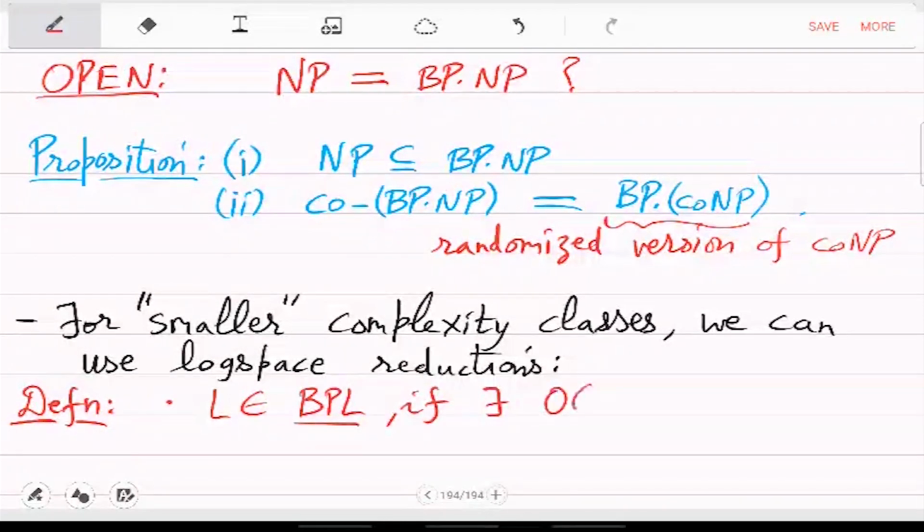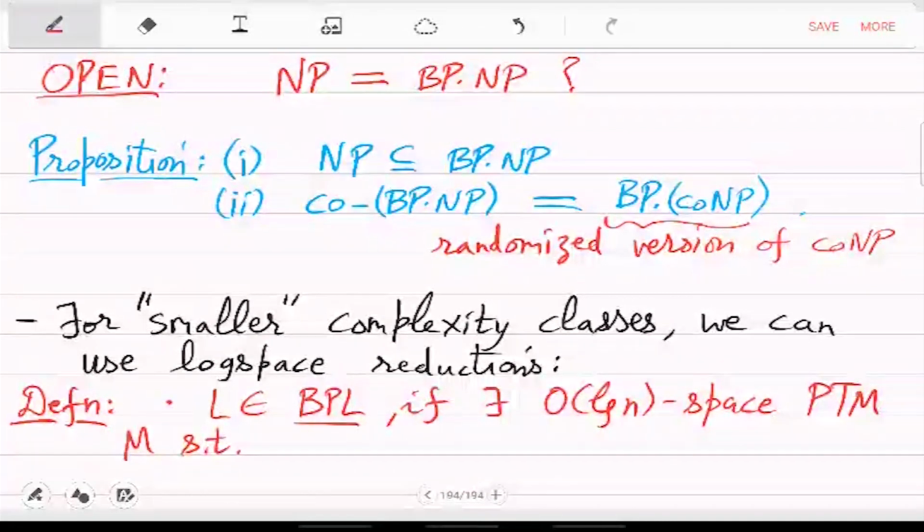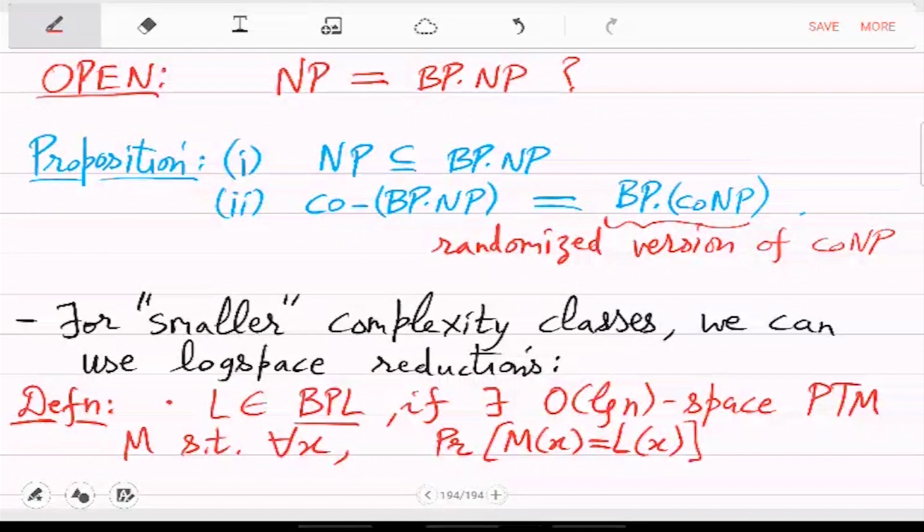there exists a log n space probabilistic Turing machine M such that for all input strings x, the probability that M correctly computes L for this input is quite high, more than 2/3.